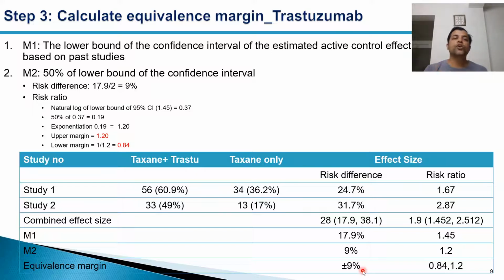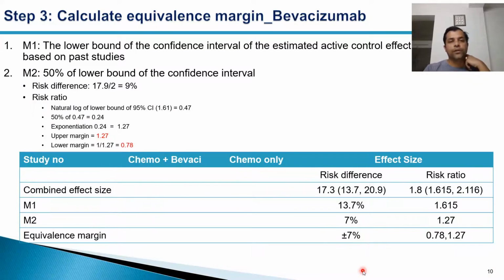Now this margin you put in your sample size calculation, and based on this difference and this ratio you calculate the sample size. And once the study is completed, for the result analysis, this is the margin you are going to use. Now let's take another example, bevacizumab.